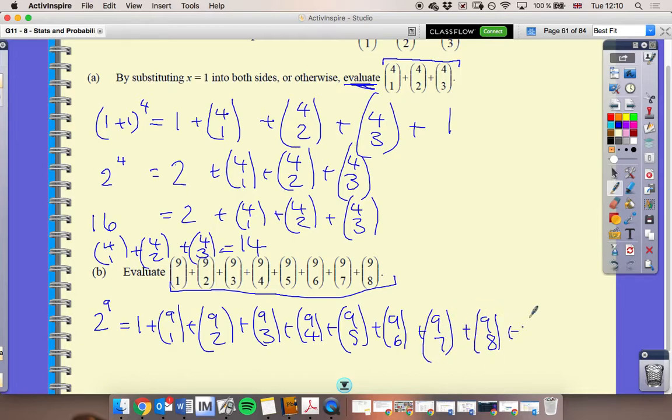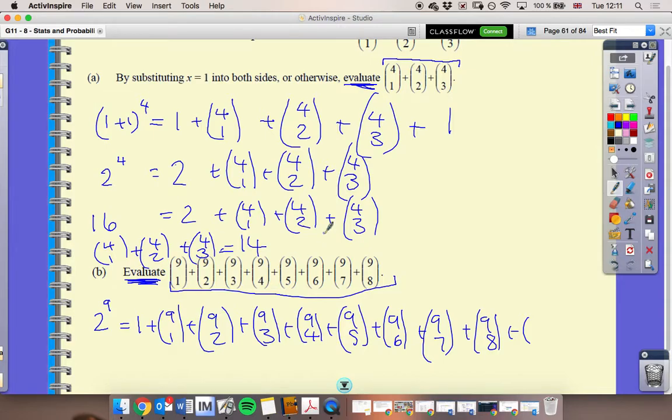And we're going to have the 1 at the end. So as long as we can work out 2 to the power of 9 and subtract 2, we can evaluate this without a calculator. Okay, so the same approach as we used for part A. Using a calculator method would be quicker if this were a calculator allowed question. With a no calculator question, I think this is probably our quickest approach.